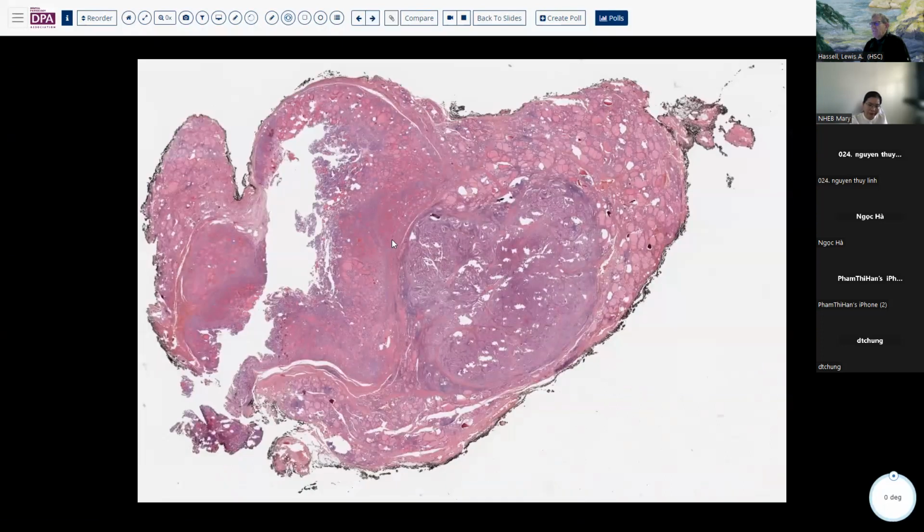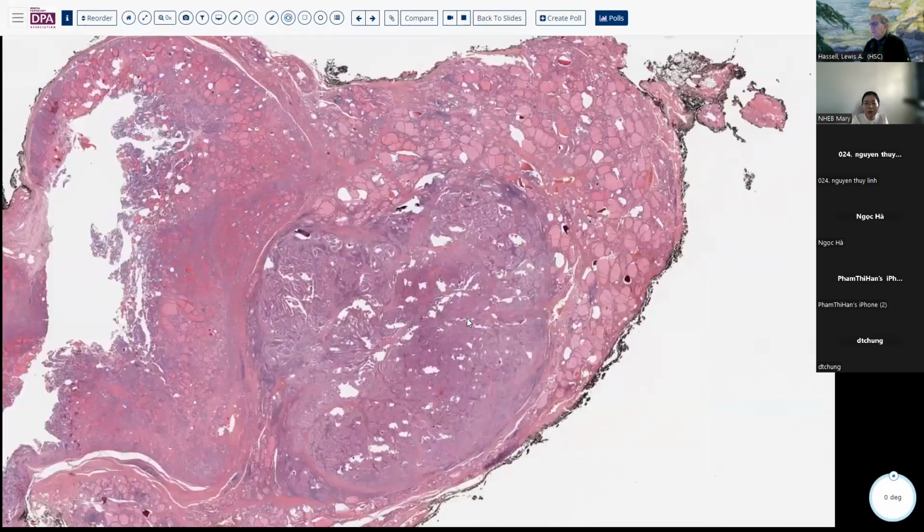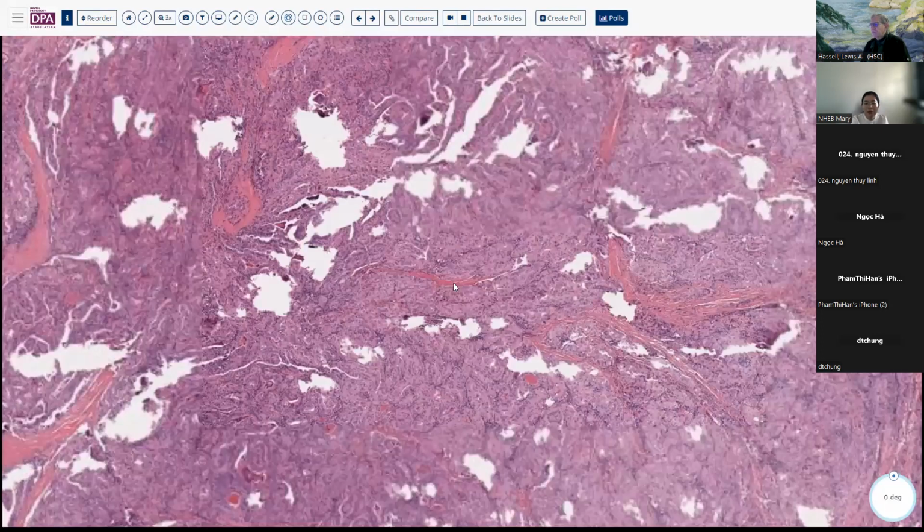Now, this is, I think, a very instructive slide because, as you can see, there are two lesions here. We have this lesion here, which is nicely encapsulated, even though it's a little bit indented. And then we have this lesion, which has a little bit of capsule, but obviously spreads beyond it. So we'll look at this lesion first.